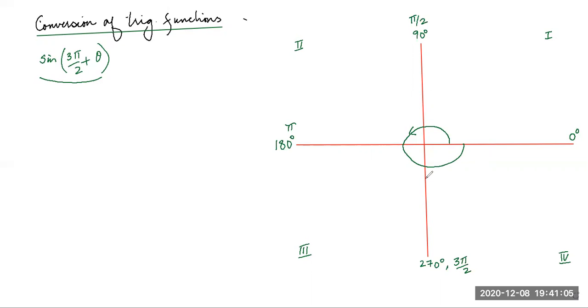Then if I go further and reach here, I can say 4 pi by 2, which means 2 pi. Again, going anti-clockwise, after 2 pi plus pi by 2 this will be 5 pi by 2, and then 6 pi by 2. Like that it will go further, right students?